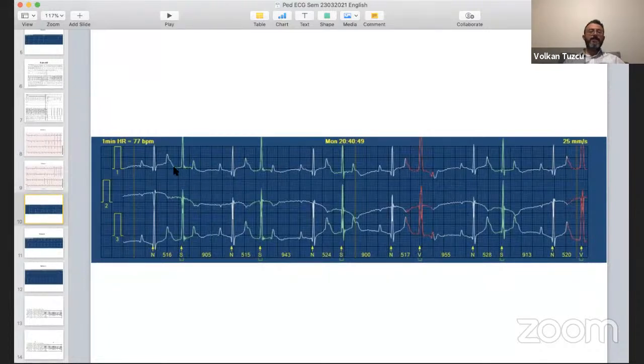So let's look at it. Looks like we see some early looking P waves, right? But again, early looking because it's shortly after the QRS. That doesn't qualify for PAC, right? You have to look at your PP interval. If you look at your PP interval here, it's about 22 millimeters maybe, let's assume you put a caliper. You'll see that it's the same actually, okay?